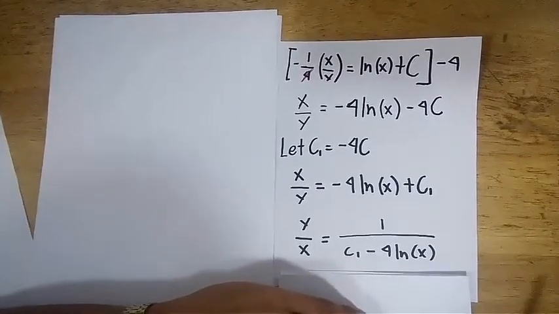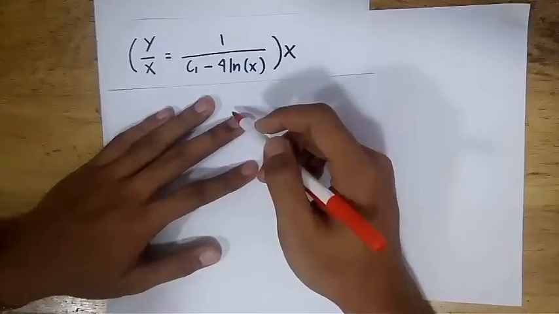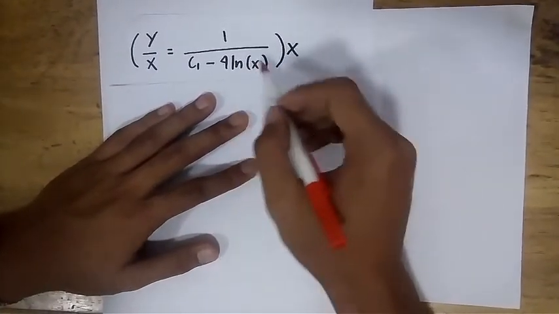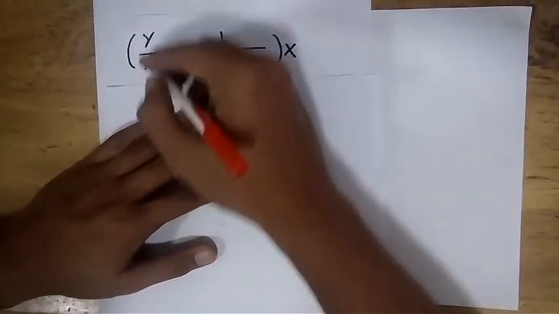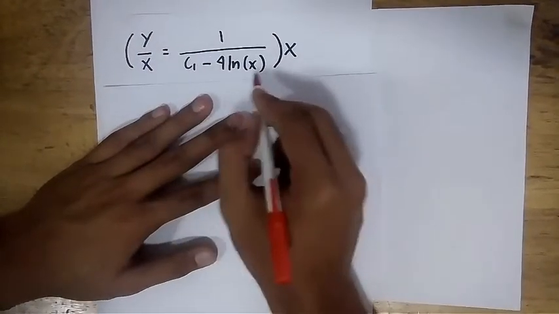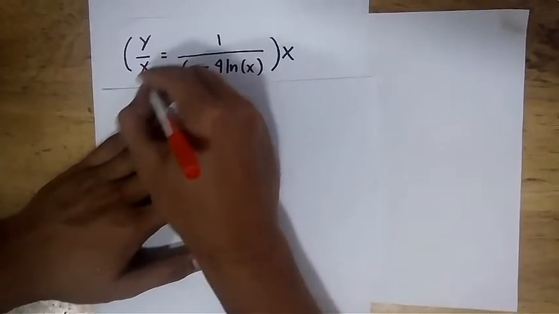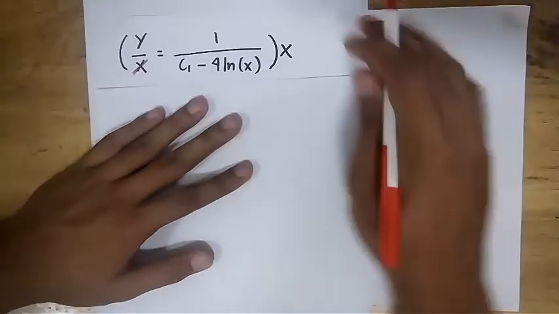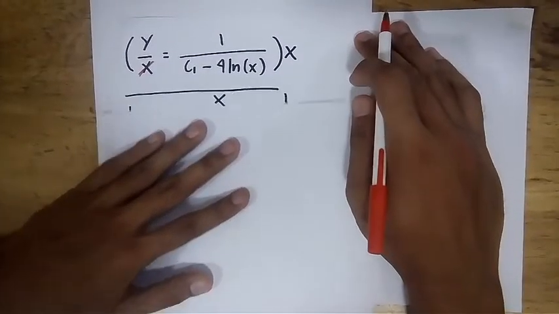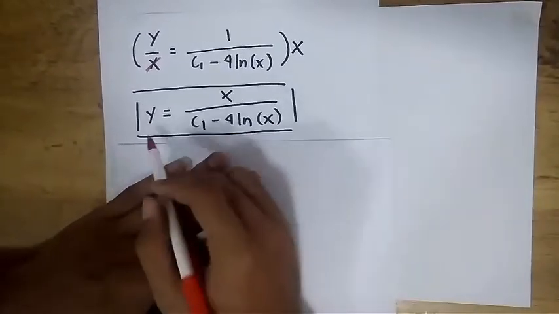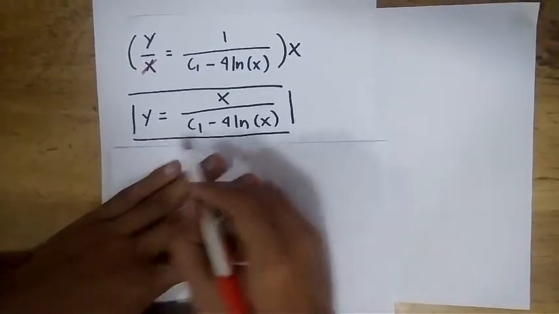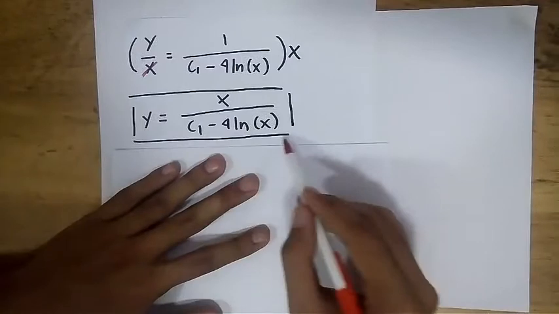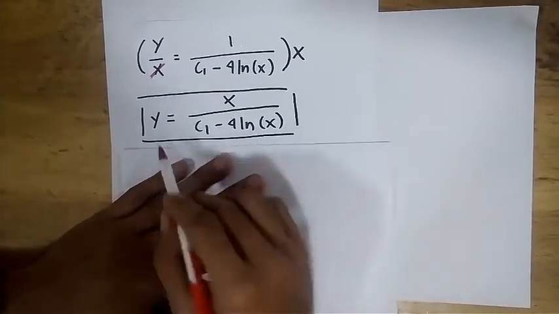So we could cancel the denominator on the other side by multiplying by x. So y over x equals 1 over c sub 1 minus 4 ln x. So the final answer would be y equals x over c sub 1 minus 4 ln x.